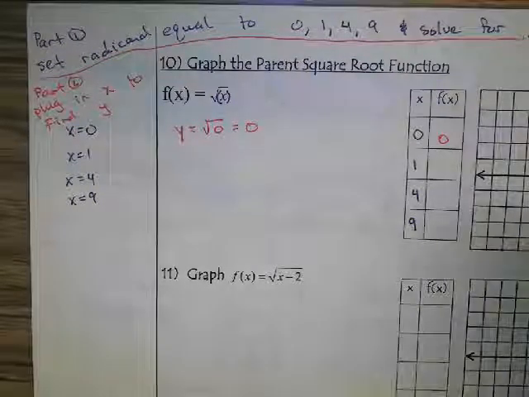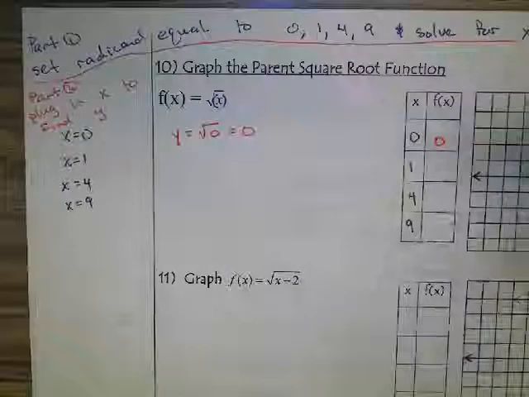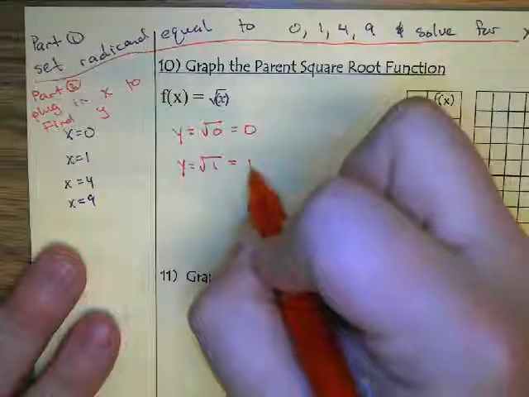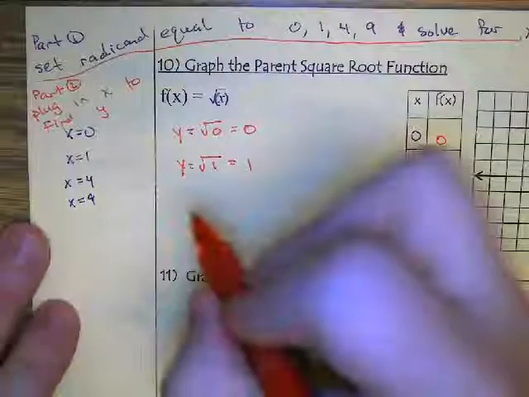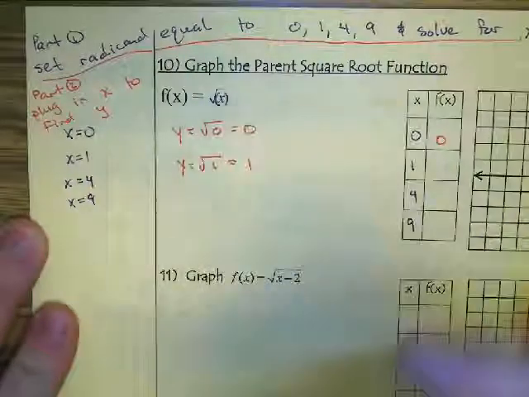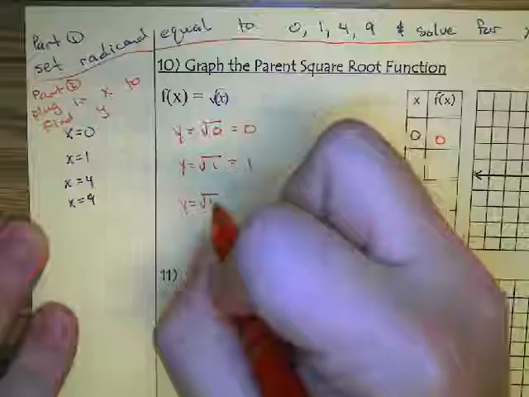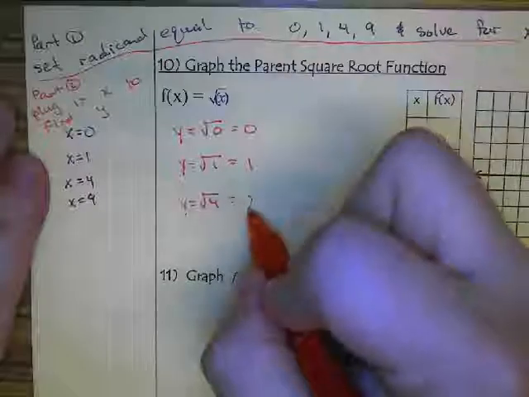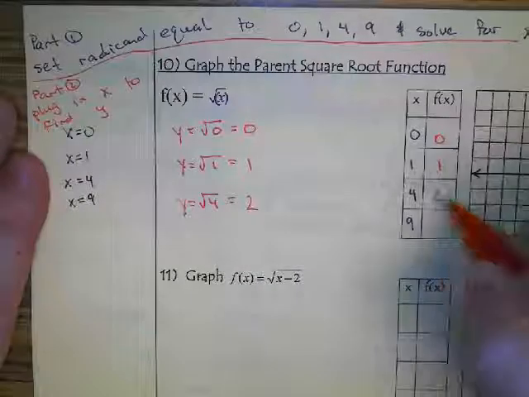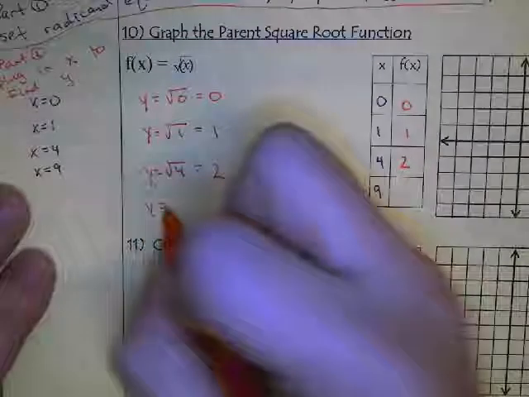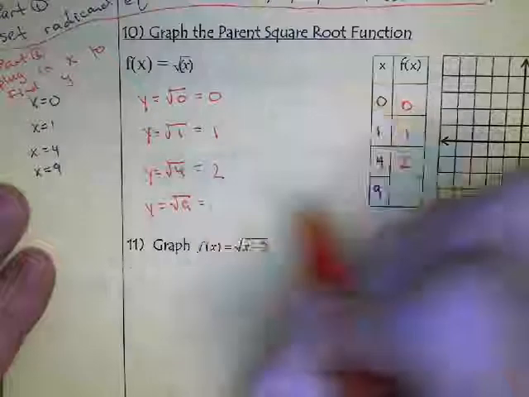And then we're just going to go down our x value lines, doing this for each one. y equals the square root of 1 equals 1. y equals the square root of 4. Now what number times itself equals 4? Well, that's going to be 2. And then y equals the square root of 9 is 3.